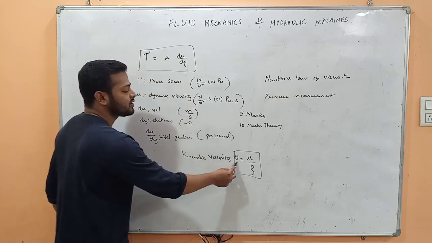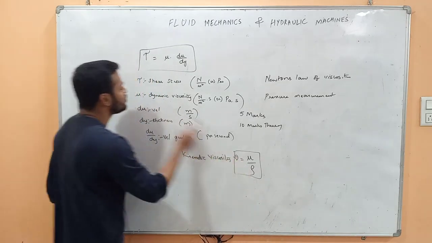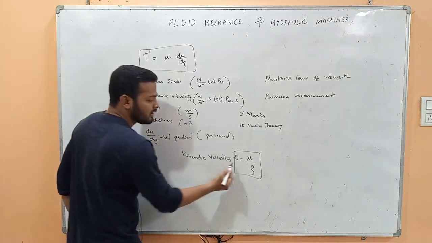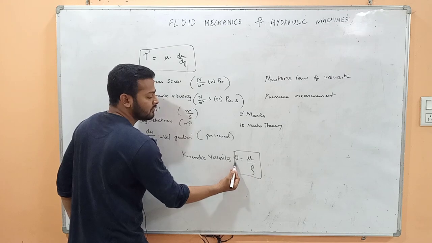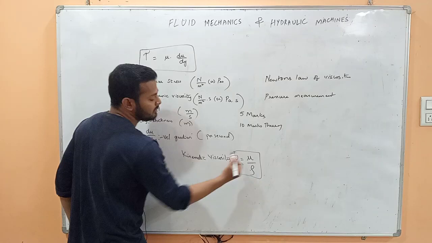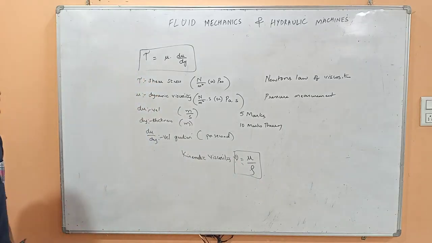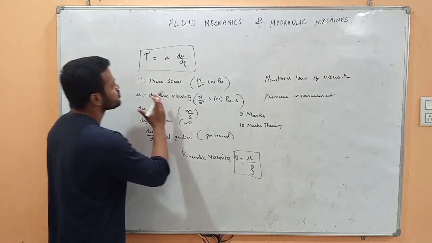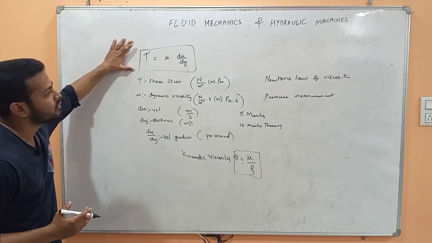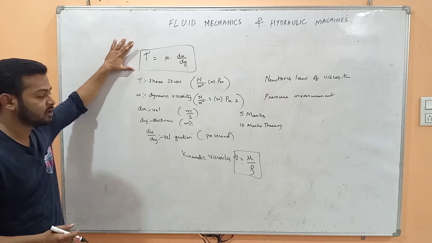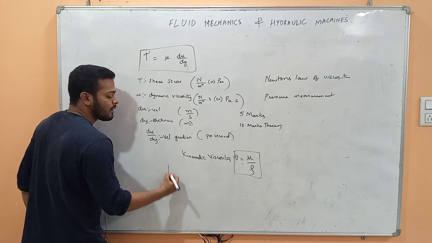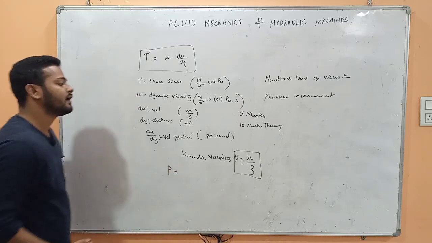So kinematic viscosity is mu by rho, where mu is called as dynamic viscosity. In some cases, instead of giving mu, he will give you the value of nu. So what you can do, you can cross multiply this. So nu into rho will become the value of mu. So that's how it can confuse you. So for 100% you can have a problem on Newton's law of viscosity as per the new syllabus.